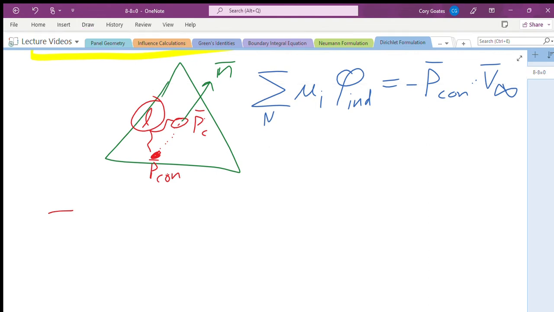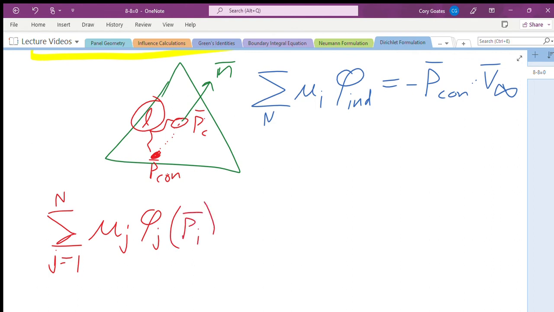The sum from j equals 1 to n of mu j times phi j induced at control point i is equal to negative p i dotted with V infinity.